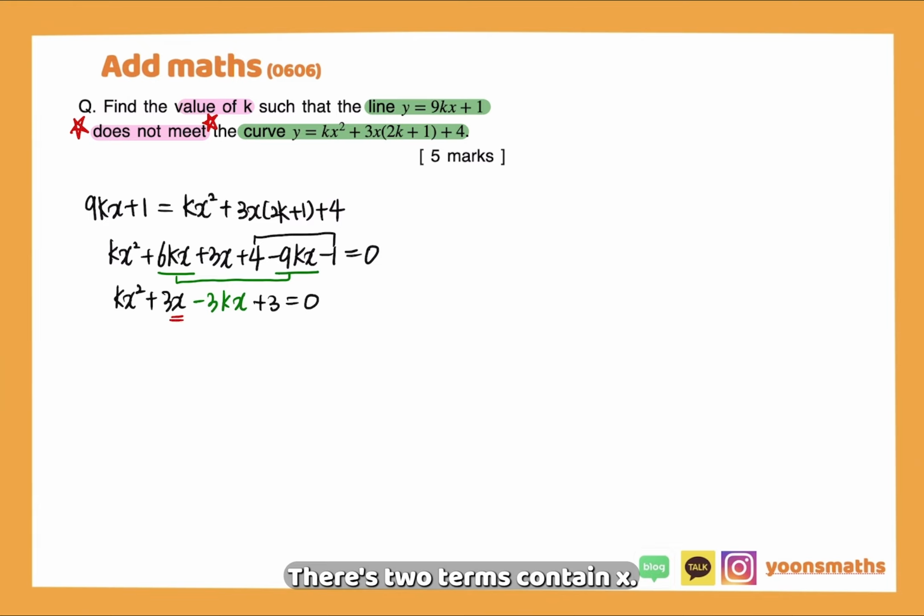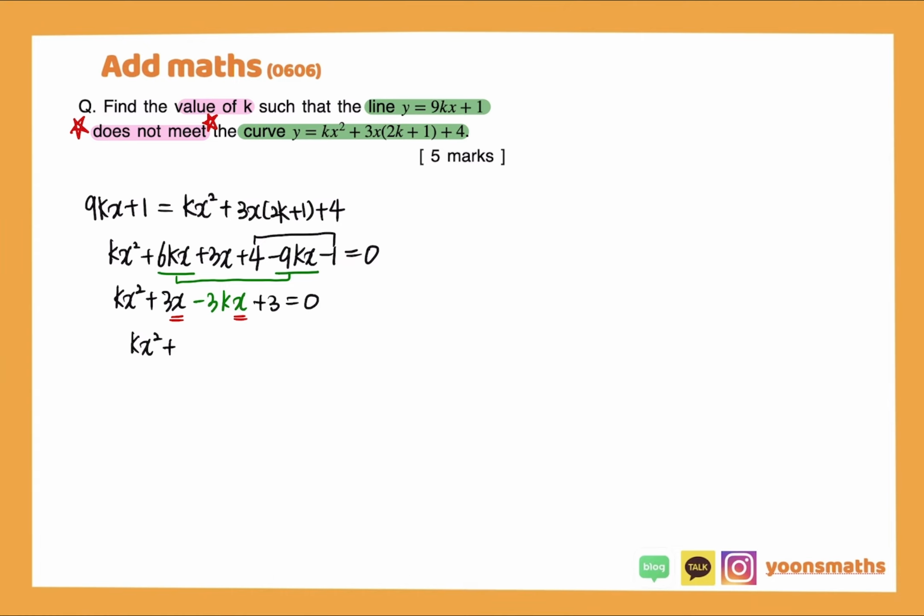These two terms contain x, so we can combine them together. Then you can get the equation of kx squared plus something x. In here you can write 3 minus 3k. And the rest is plus 3 equals to 0.